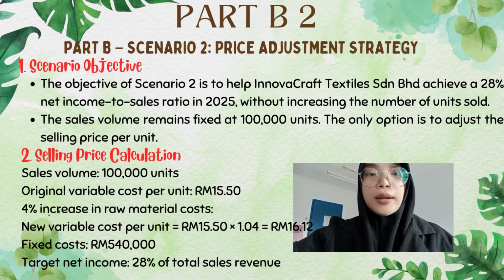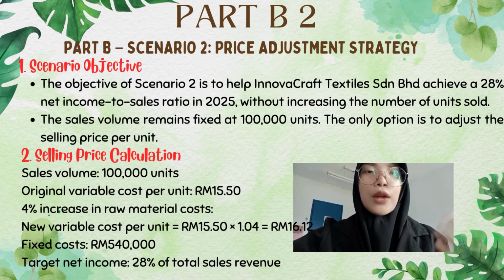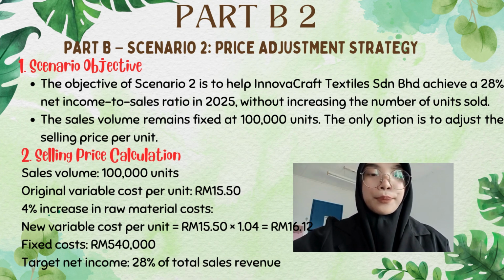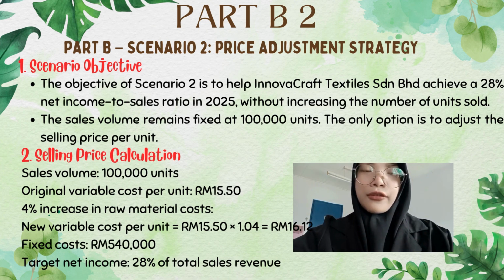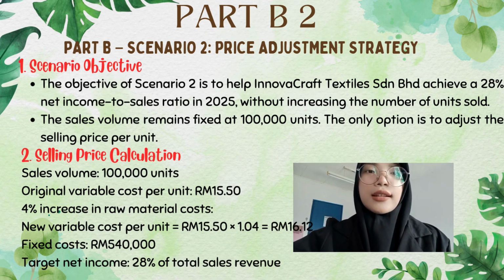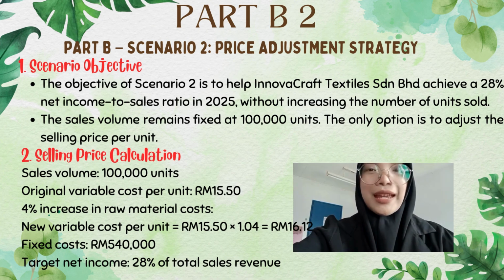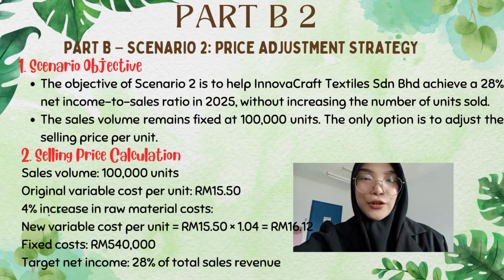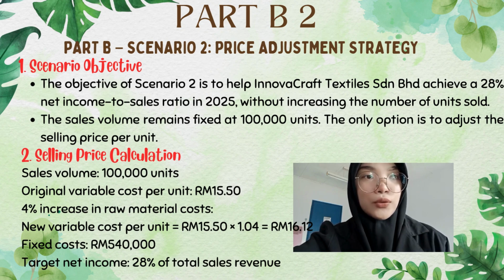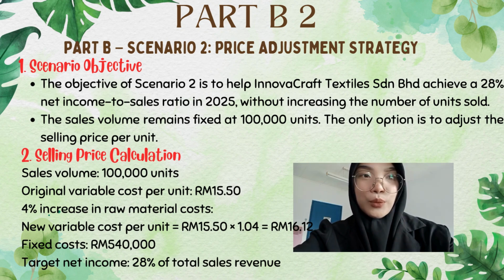This is for Part B, Scenario 2. For this part, I will present the price adjustment strategy for Innovacraft Textile Sdn Berhad. The objective of this scenario is to help the company achieve a 20% net income to sales ratio in 2025.